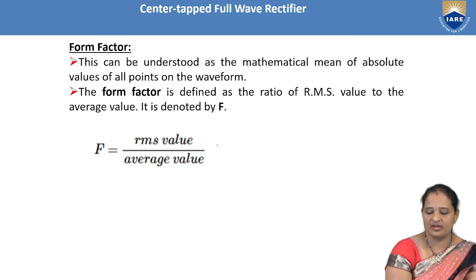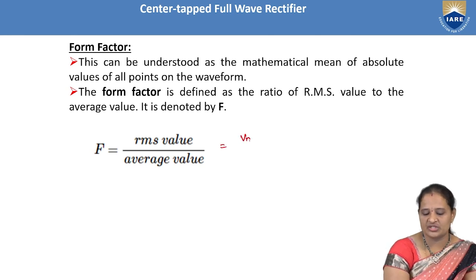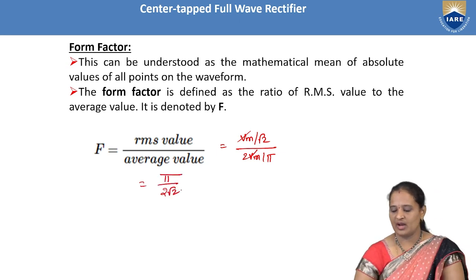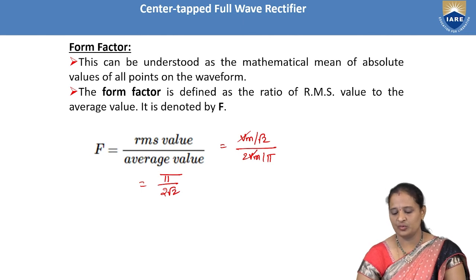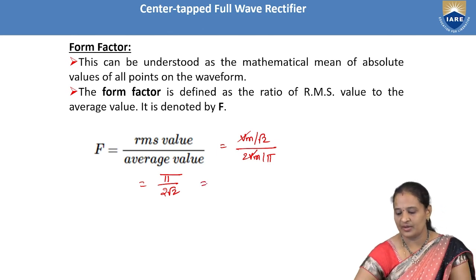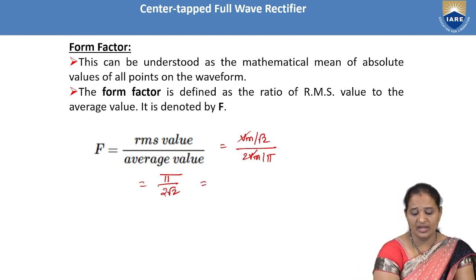Here we already know that the RMS value equals Vm by root 2, and the average value is 2 Vm by pi. So Vm gets cancelled, and it becomes pi by 2 root 2.